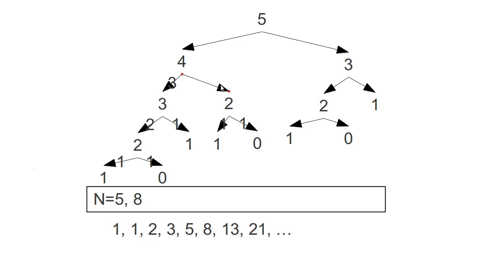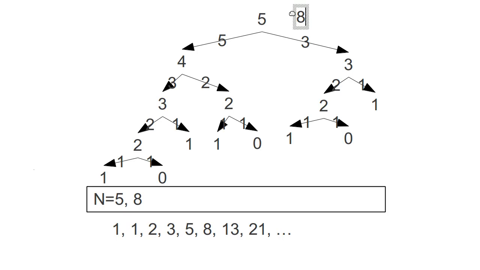Those get added together to give me a 2, and so those get added together to give me a 5. This calls down here, calls down here, calls down here. This gives you back a 1. This gives you back a 1. Those get added together to return the 2. This returns a 1. Those get added together to return a 3. And the result of the entire calculation is, of course, 8. Okay.